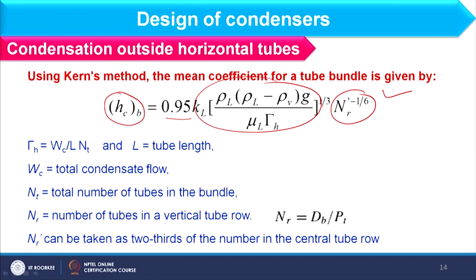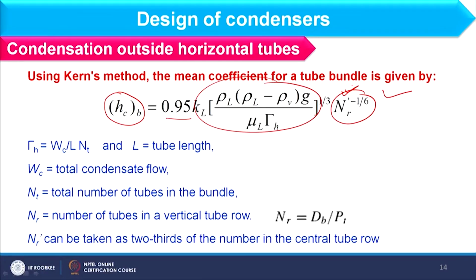If you see here, I have another parameter, Nr dash; here I am not considering Nr. Let me first focus on the parameters and then we will discuss what this Nr dash is. As far as gamma H is concerned, that is the tube loading, Wc by L into Nt.